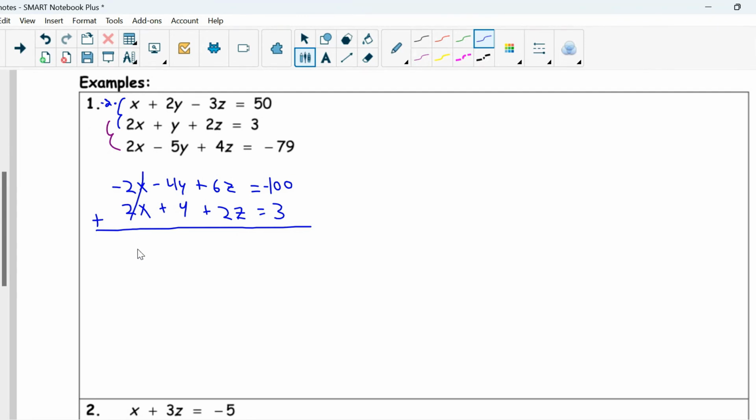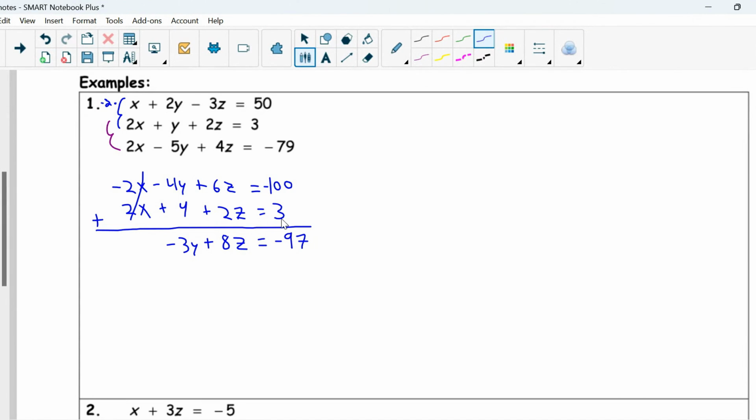Obviously, these are going to cancel each other. -4y plus y gives us -3y. 6z plus 2z gives us 8z. -100 plus 3 gives us -97.